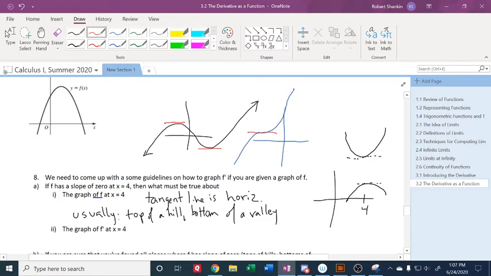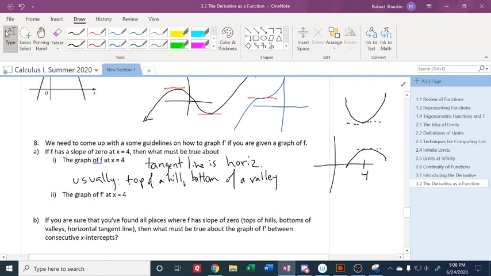But they're usually at the top of a hill or bottom of a valley. Something very unusual has to happen. It has to change its tendency at just the right point for that not to be the case. So usually, to find where the derivative is 0, where f has a slope of 0, it's really easy visually. You just look for tops of hills and bottoms of valleys.